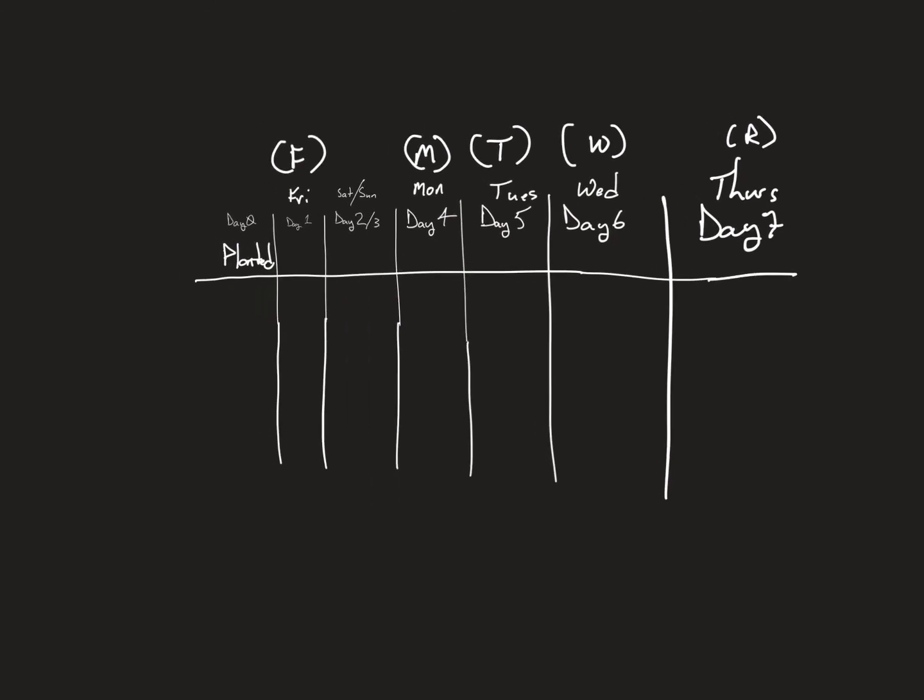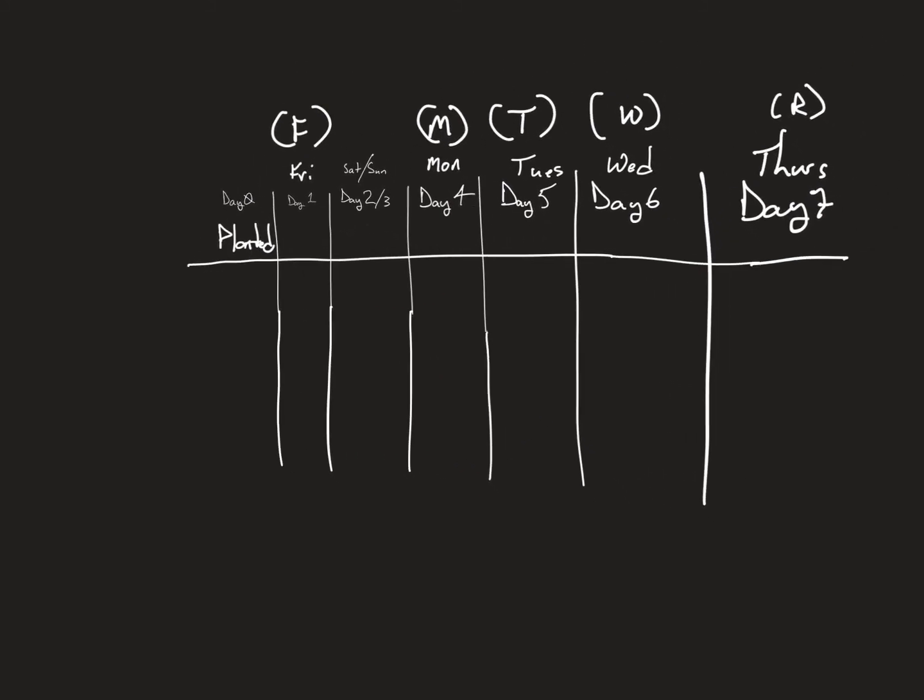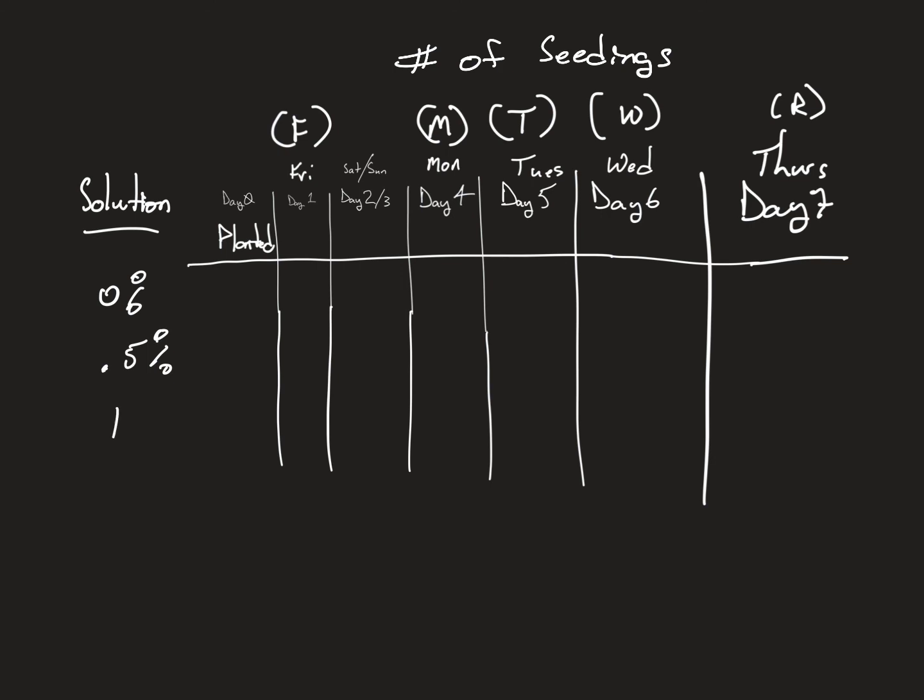In any case, what you're going to do then is you're looking for the number of seedlings in the 0%, 0.5%, 1%, 2.5%, and 5% solutions.